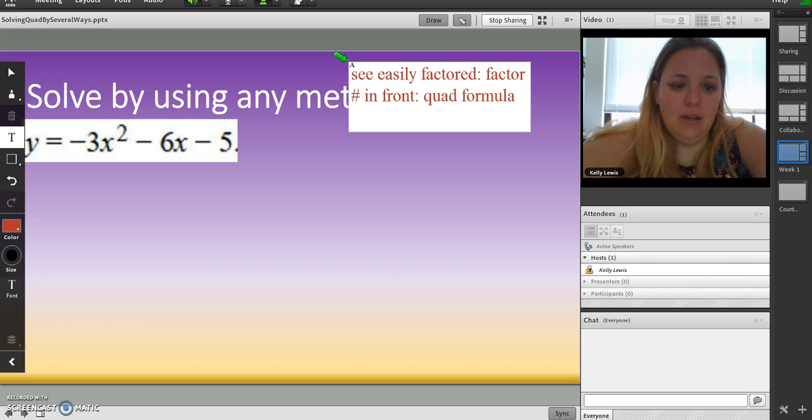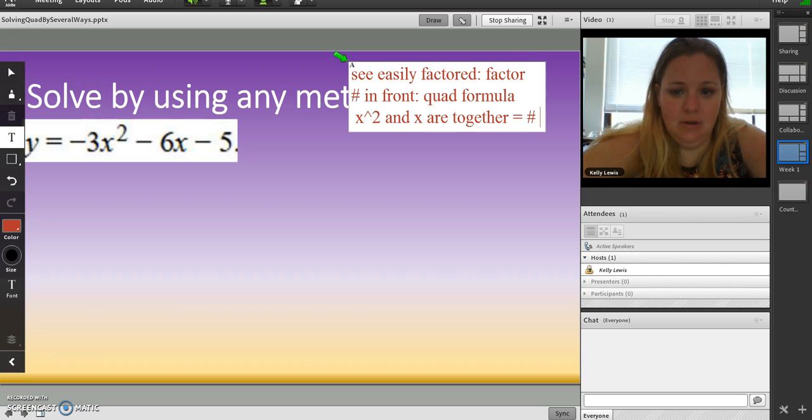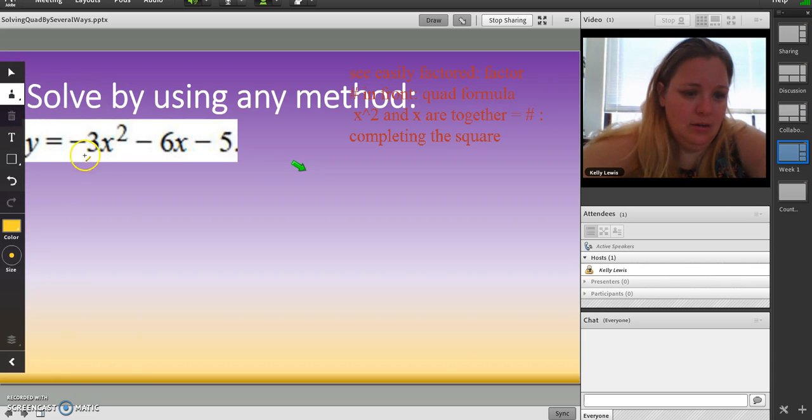If the x squared and x are together and then it equals a number, I use completing the square. Those are my general go-to things. Kind of hard to see, sorry. There's a number in front right here, so let's just use the quadratic formula.